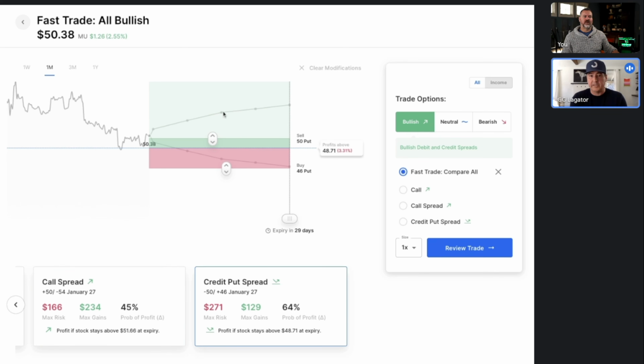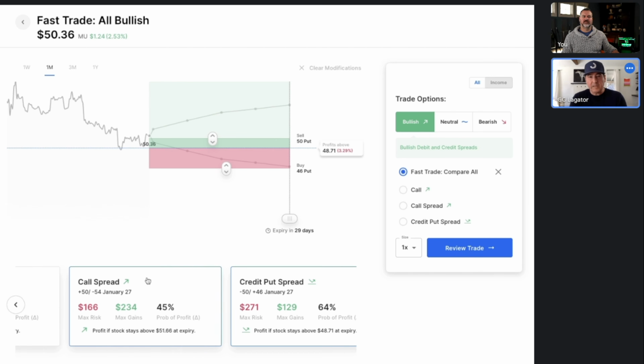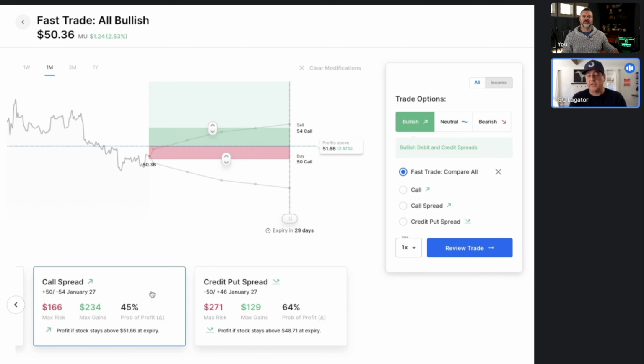For instance, that credit put spread is selling the at the money put and buying that put for protection down at the expected move. Now, if you took that call spread, this is an interesting thing with the drag and drop. This is an at the money call spread. It's buying the at the money call and selling up at the expected move, right?